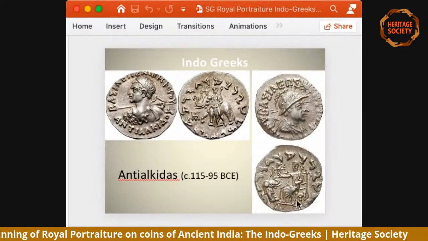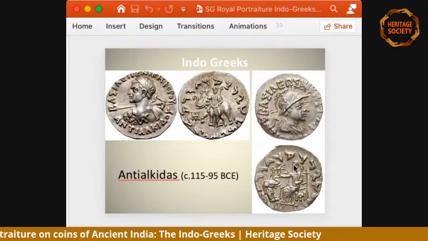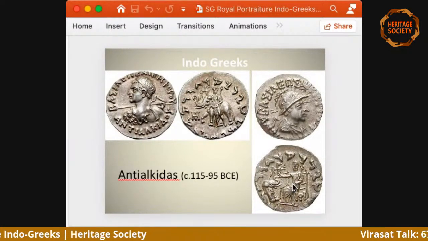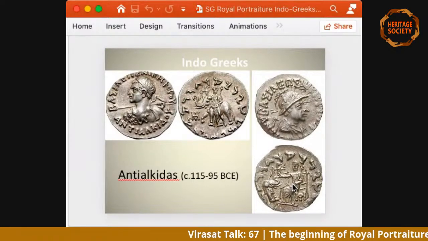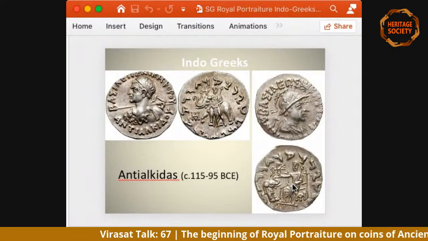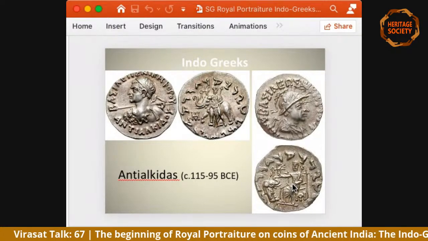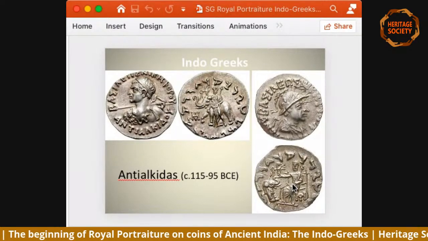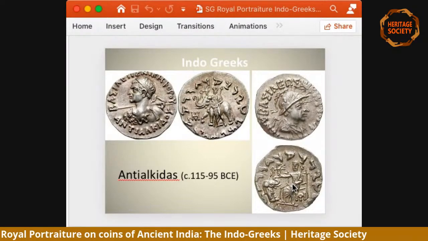Just compare the size of the figure of the elephant and Zeus. So just to show that Zeus is really a god, and all other creatures are very puny before him.